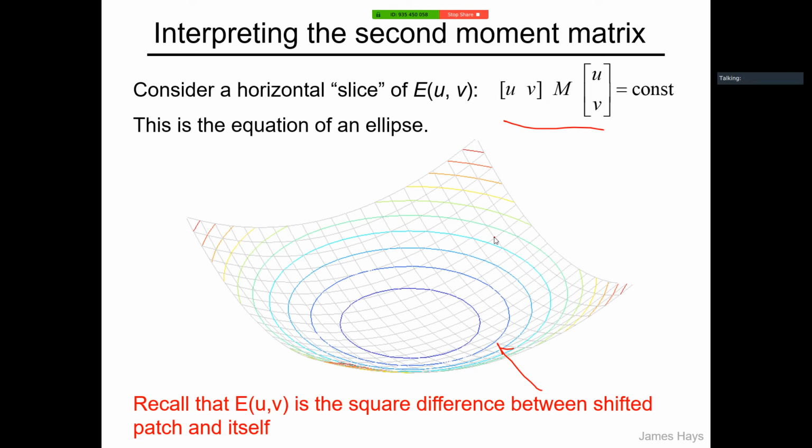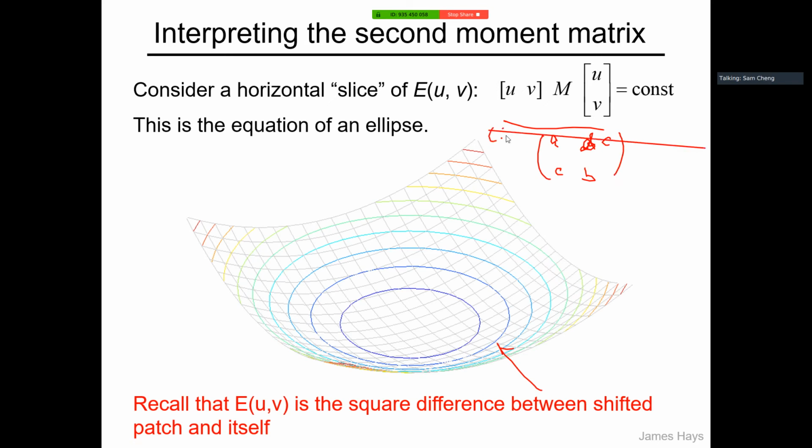I'm trying to remember the equation of an ellipse. Okay. Think of M as a matrix, right? If I write it, for example, A, B, C, D. Oh, by the way, this matrix is symmetric, as you can see earlier. So it's A, C, C, B, say.